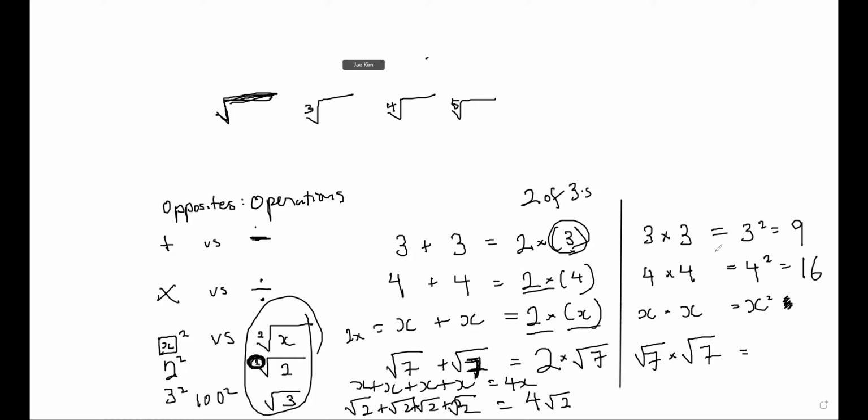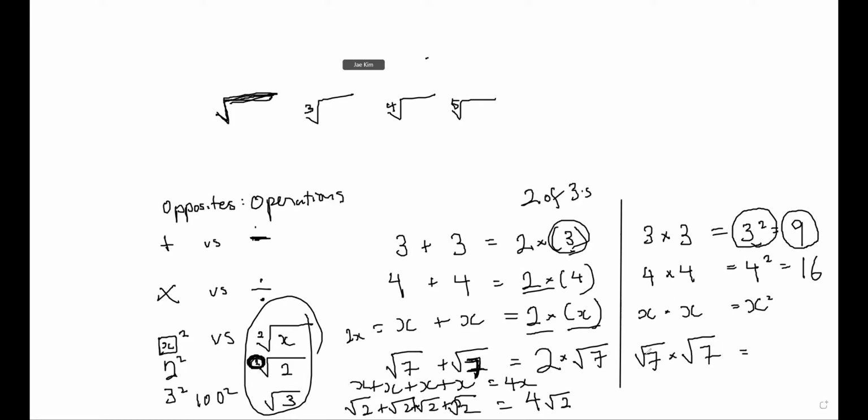Next, when we're multiplying, it follows the same rules as regular numbers. If I say 3 times itself, well, I can rewrite it as 3 squared, or I can solve it and say it's 9. 4 times 4 is 4 squared, or 16. x times x is x squared, and of course, I can't solve that because I don't know what x is, so I'll just leave it.